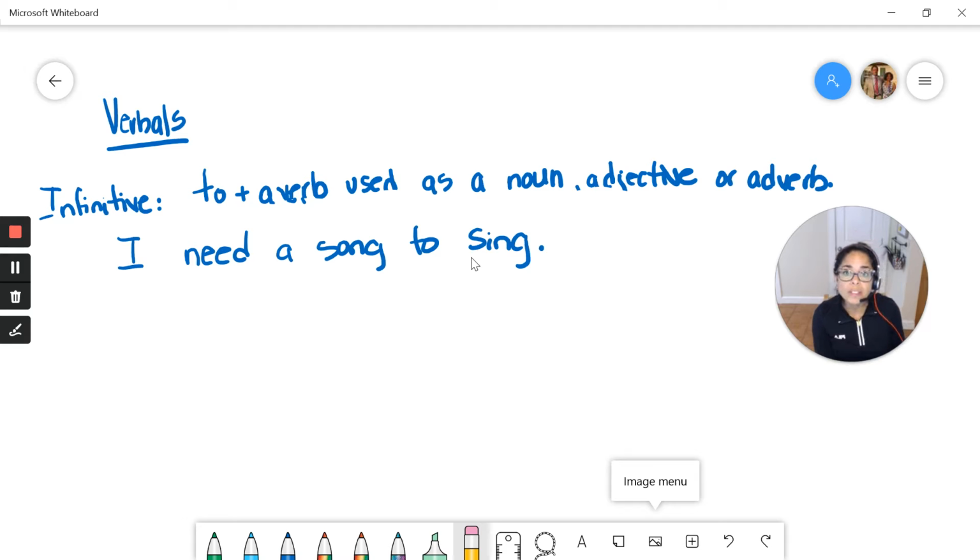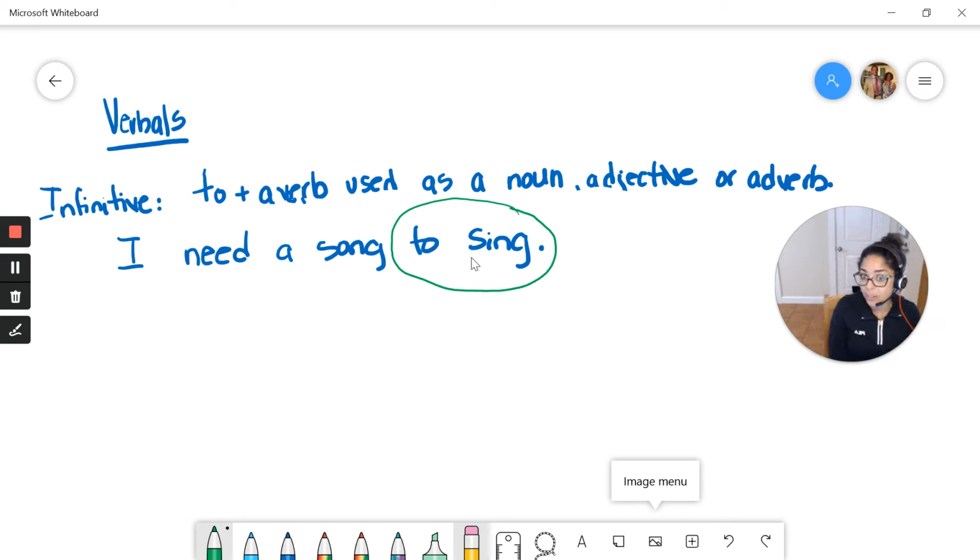So since we know that the infinitive is to plus a verb, I'm going to go ahead and circle the infinitive here, to sing. Now, we have to be detectives and figure out, how is that being used? Is it being used as a noun, as an adjective, or as an adverb? I need a song to sing. So we can go ahead and parse this sentence.